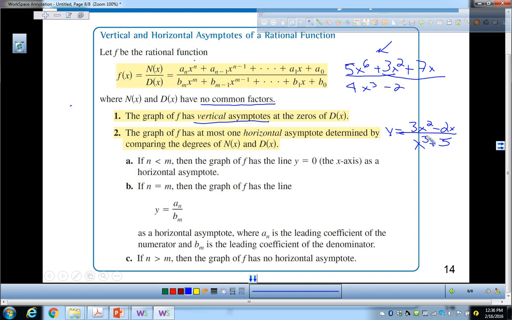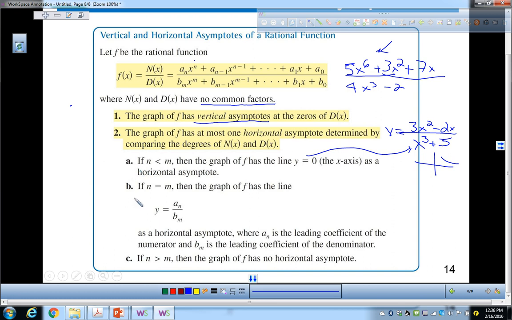So if this degree is higher than this one, no matter what I multiply this by, eventually the bottom is going to outweigh the top. And so this fraction will eventually get very, very close to 0, okay? So if it's bottom heavy, you have an asymptote at y equals 0.